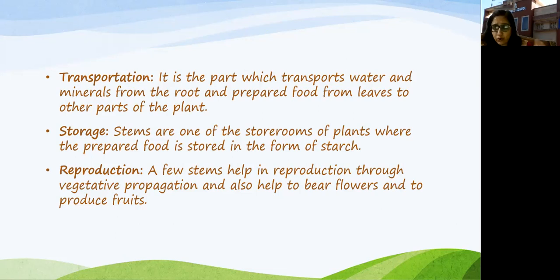जैसे हमारे घर में store rooms होते हैं. So what we do is, जो भी हमारे पास extra सामान होता है जो हम रोज use नहीं करते हैं, we just shift those things in the storeroom.